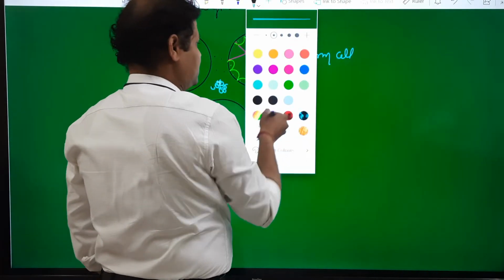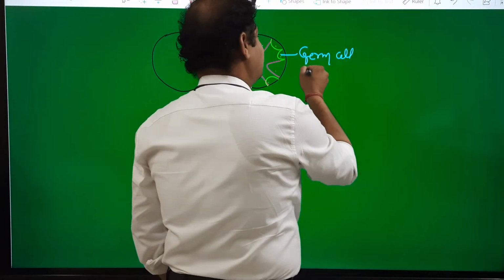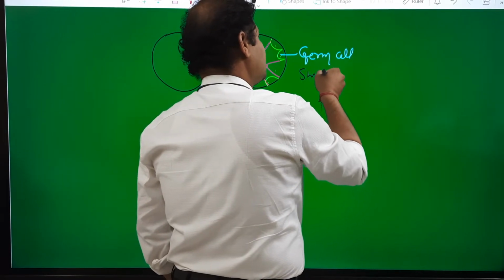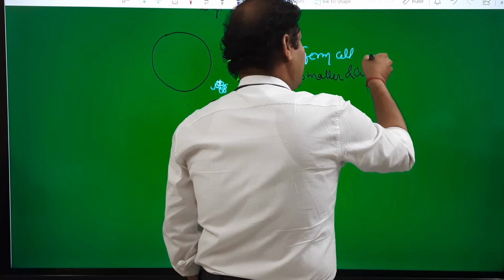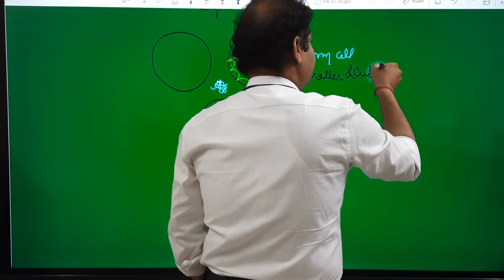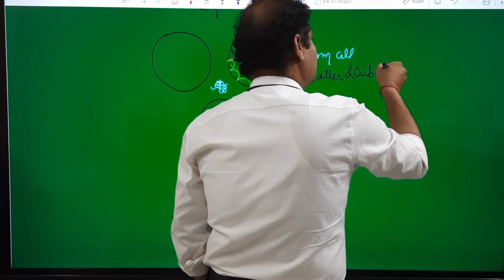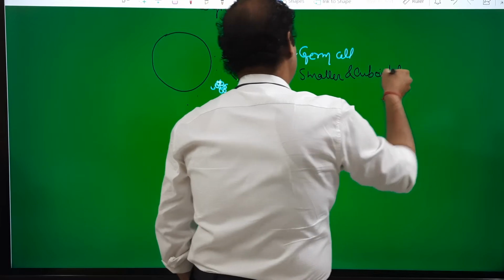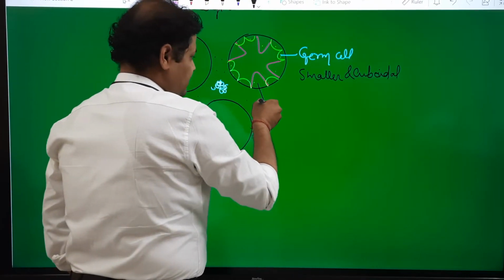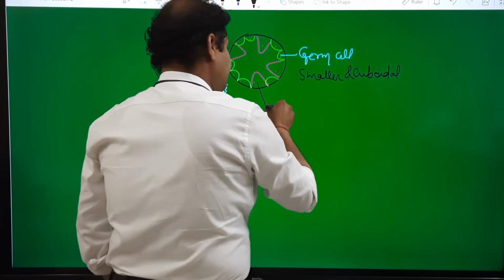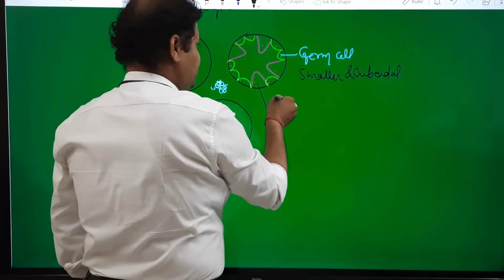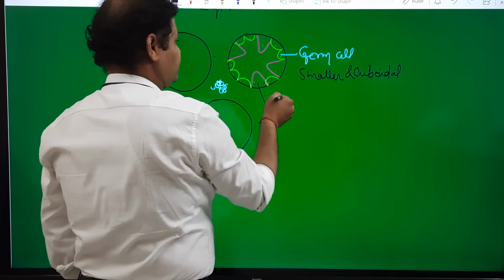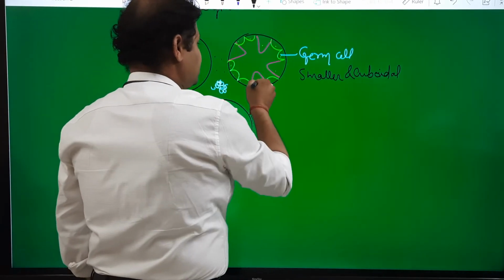The germ cell is smaller and cuboidal. Second, this large pyramidal cell is the Sertoli cell.